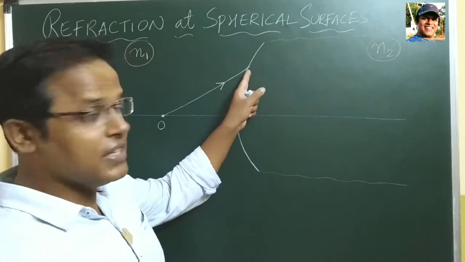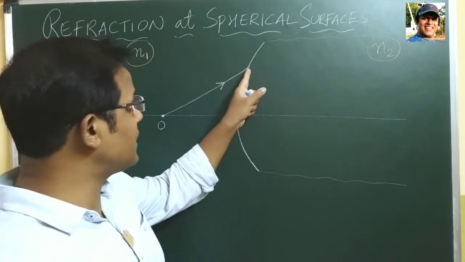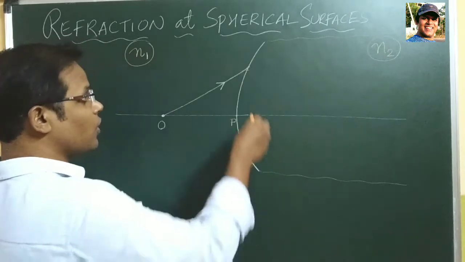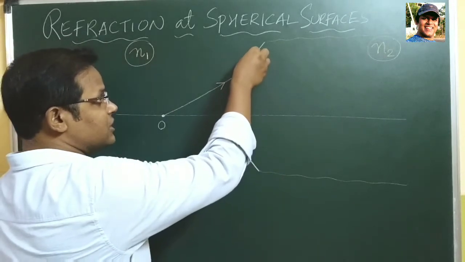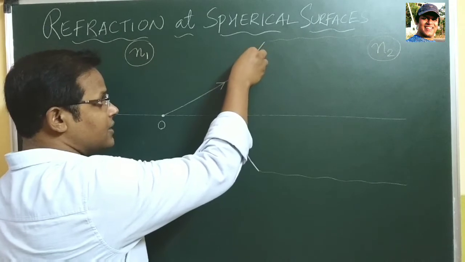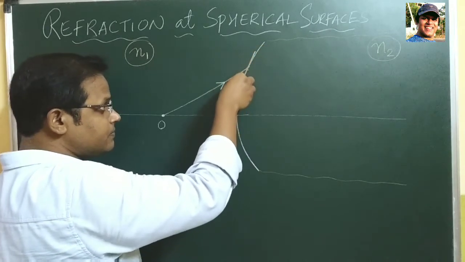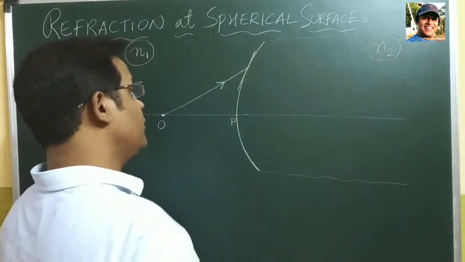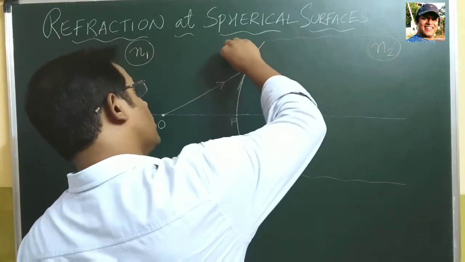So at the point of incidence I can imagine a plane surface and draw a tangent to it. The point where the tangent touches, there you'll find your normal.